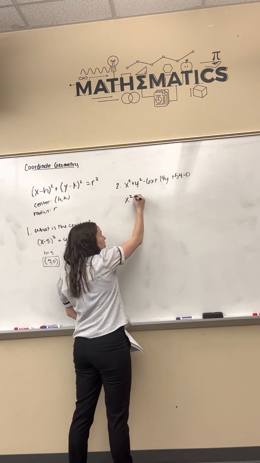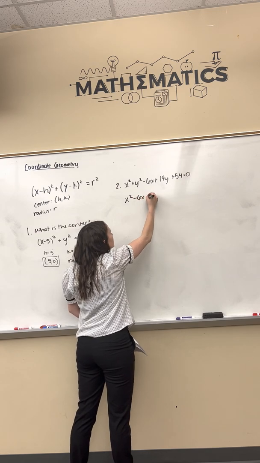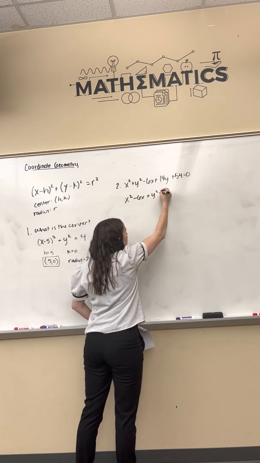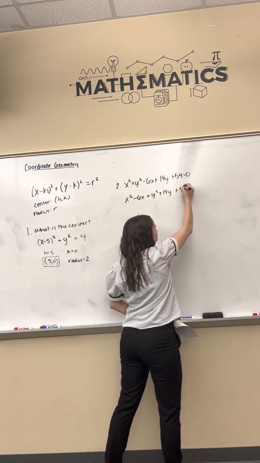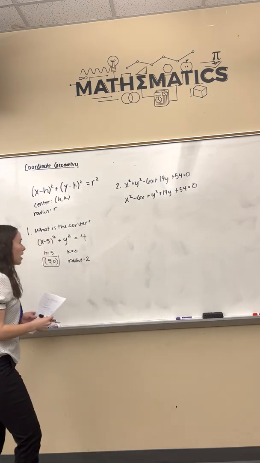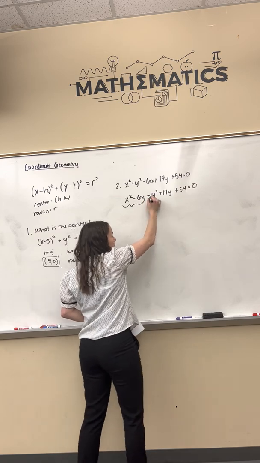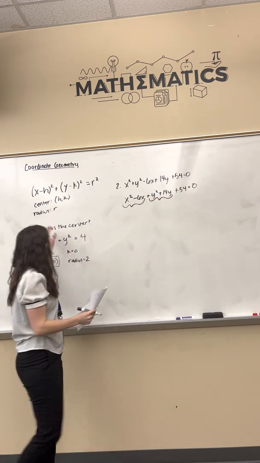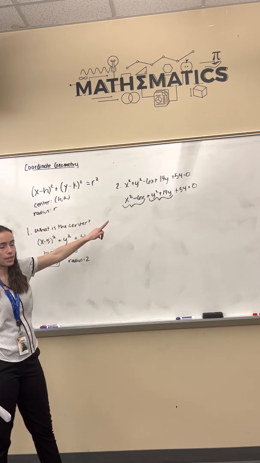So x squared minus 6x plus y squared plus 14y. And then we have plus 54 equals 0. Okay, so going back to completing the square, we want to think about these terms together and these terms together, because we have a perfect square here and a perfect square here, and that's what we want to get here.